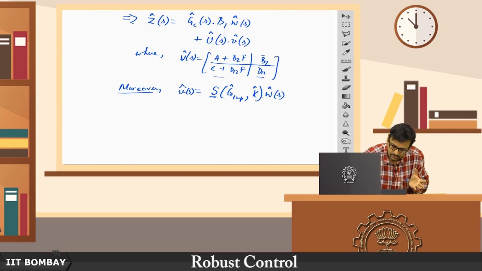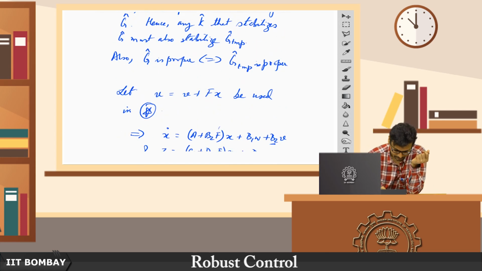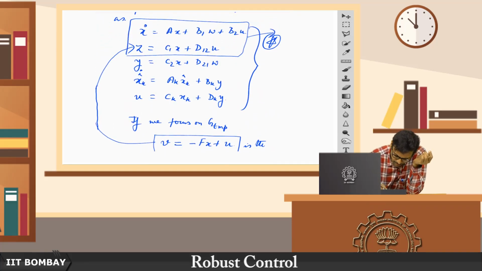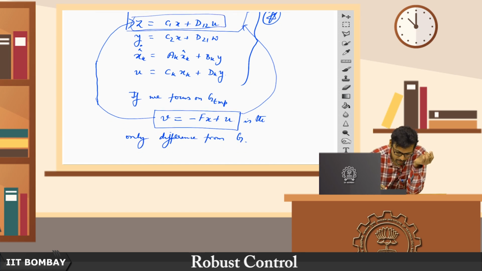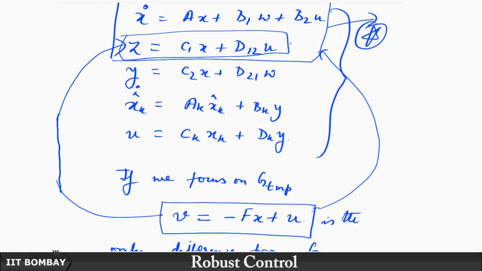So, now if you are looking at this V hat, we have to just supplant this equation for this equation here, that is going to be our G TMP. Everything else remains the same, only that this equation replaces this. So, this equation goes in place of this and we get our G TMP, right.